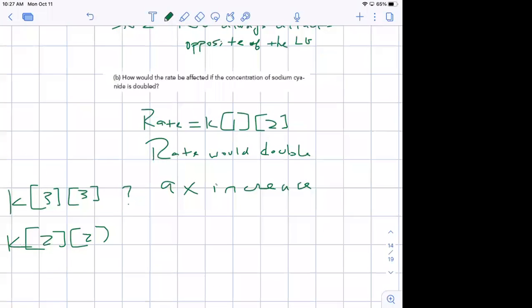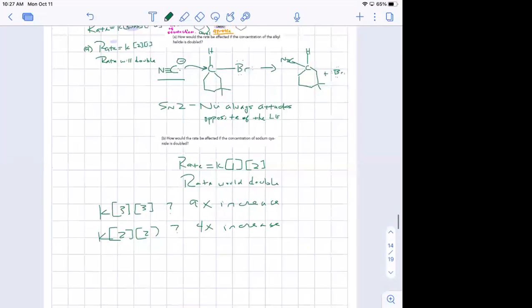It's going to be fourfold, a 4-fold increase, yes. So any changes I make to the concentration of either the nucleophile or the substrate will change the rate. All right, is that making sense? Anybody got questions about that?